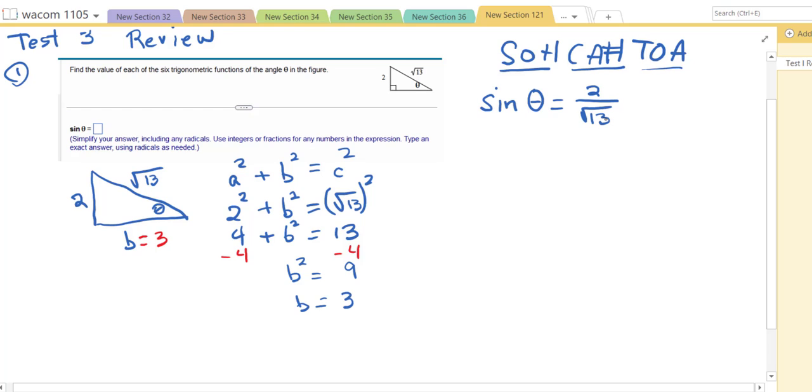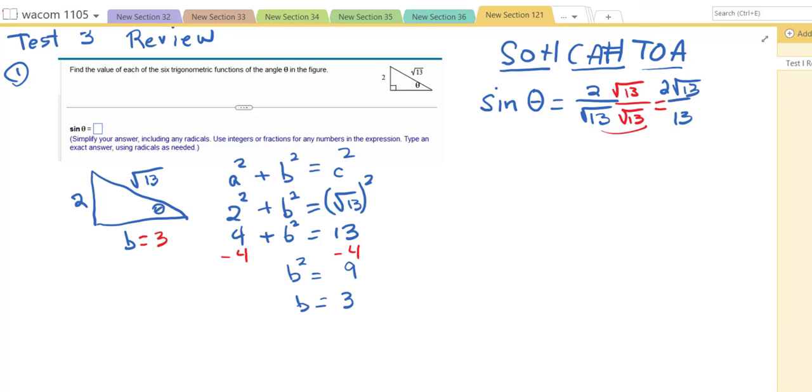You have to clean that up. You're not allowed to leave a radical in the denominator. So square root of 13 over square root of 13 will rationalize. This will give you a 13, and you will have 2 square root of 13 on the numerator. So we should be good there.